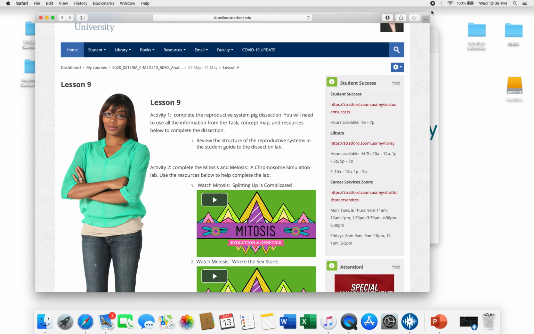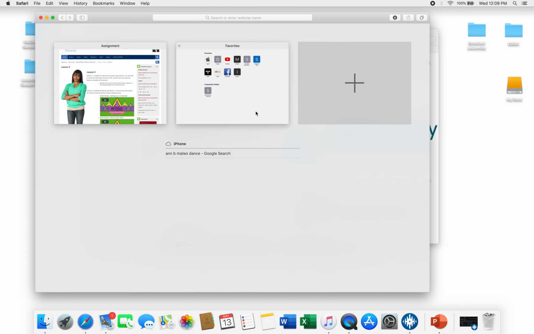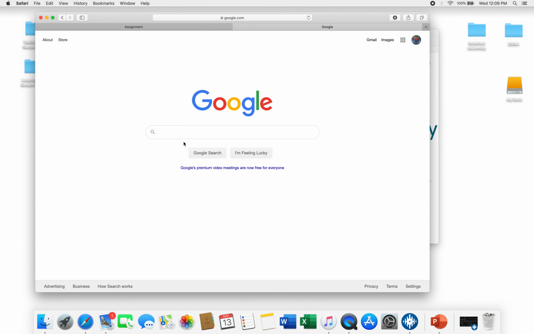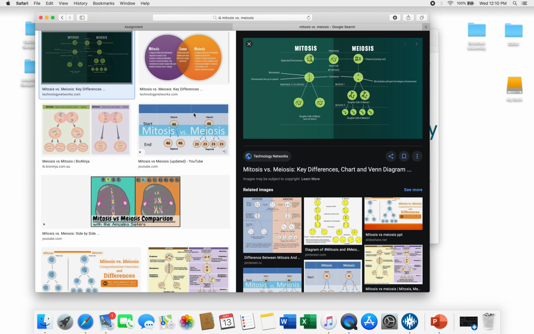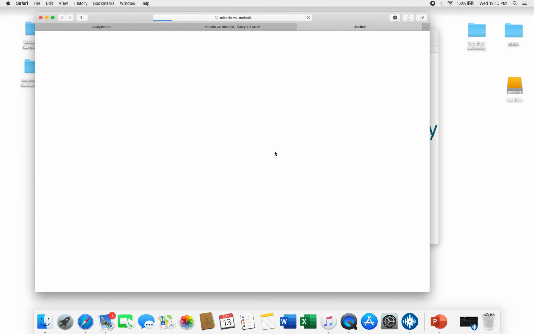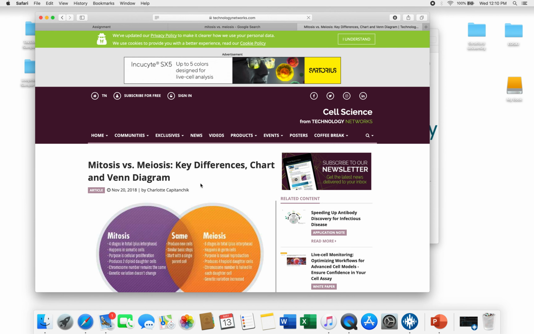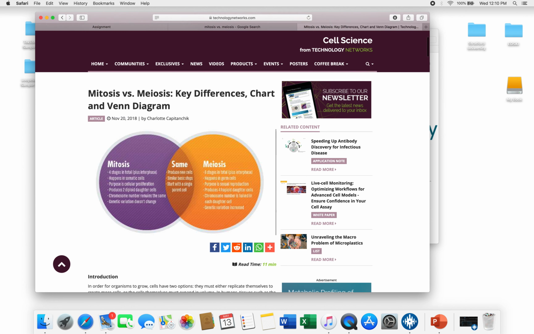And remember, let's do a quick review of mitosis, meiosis. Now, if you look at this nice little chart here, mitosis versus meiosis.